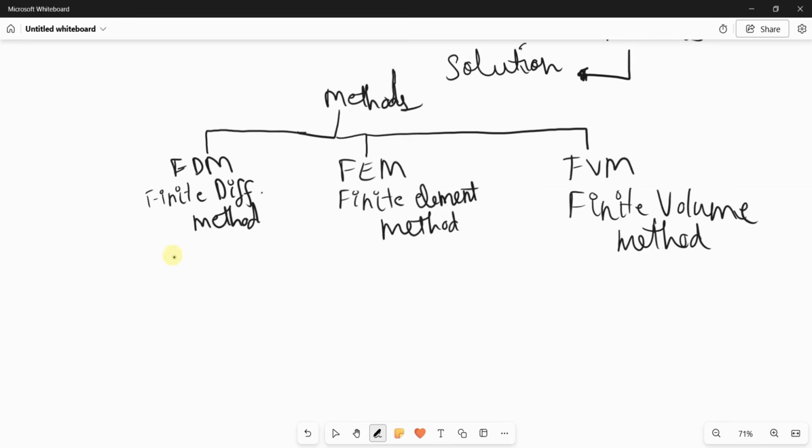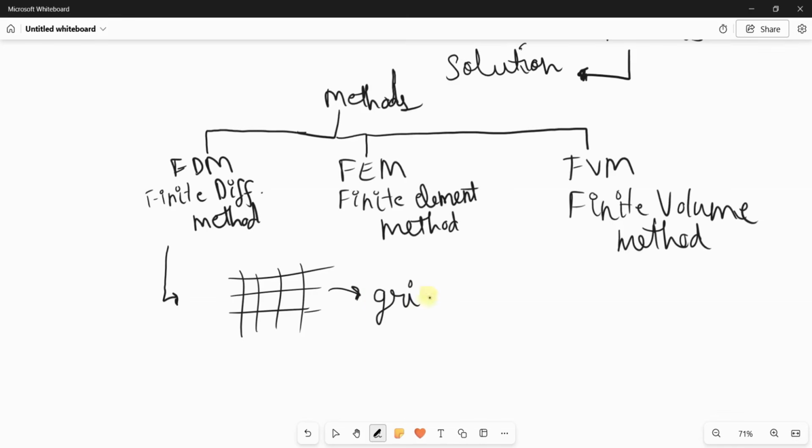So number one being FDM. What you do in finite difference method is that you divide structures into grids. Just to be general, for each of these methods you have to divide them into smaller parts. For FDM, it's called grids.